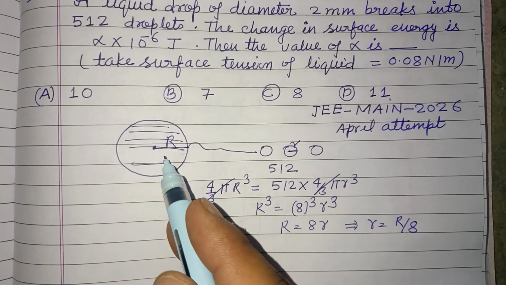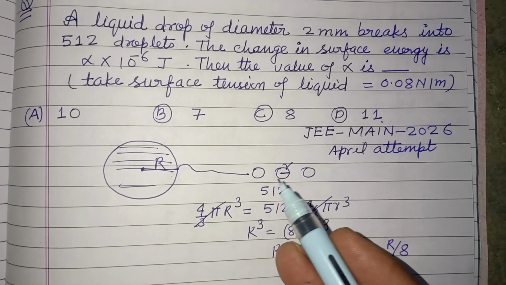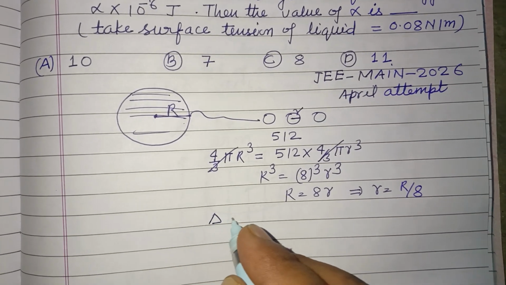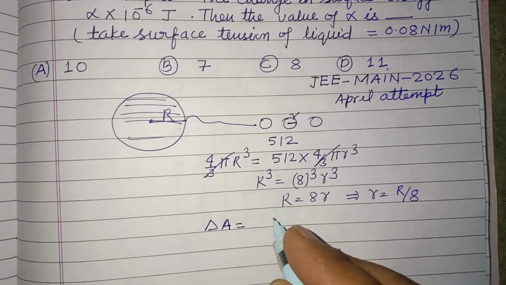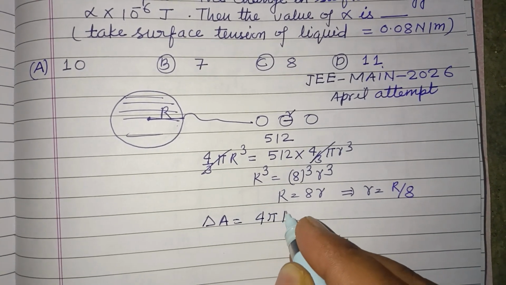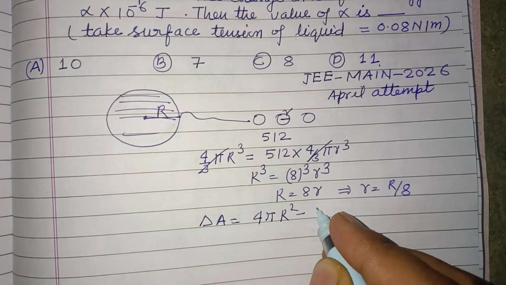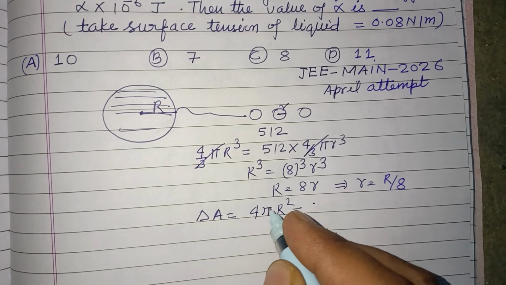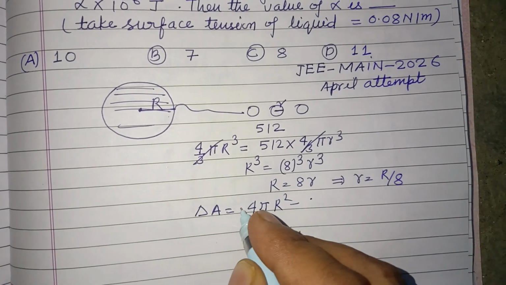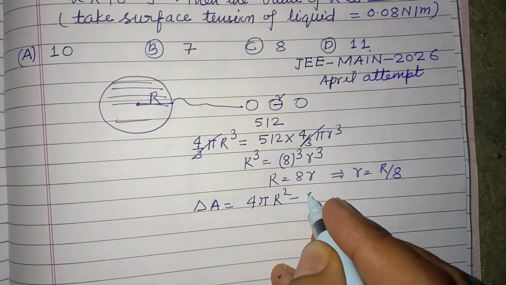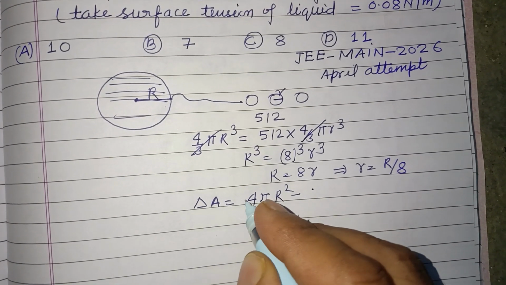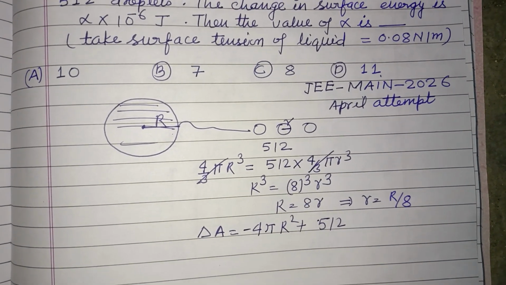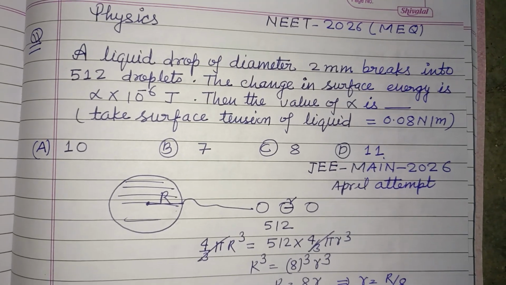When the bigger drop breaks into small drops, the surface area changes, and the surface area change del A equals 4 pi R square, which is the surface area of the bigger drop, and this will be subtracted from the 512 small drops, because the surface area changes, due to which the energy also changes.